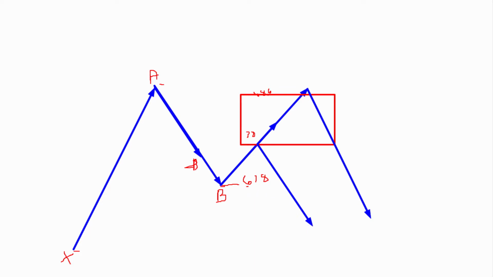On the way down, at the lower area, you have your X, and now you're looking for D. Let's just say hypothetically here, let me just change this to red, that this is 618 and this is 786 right here.